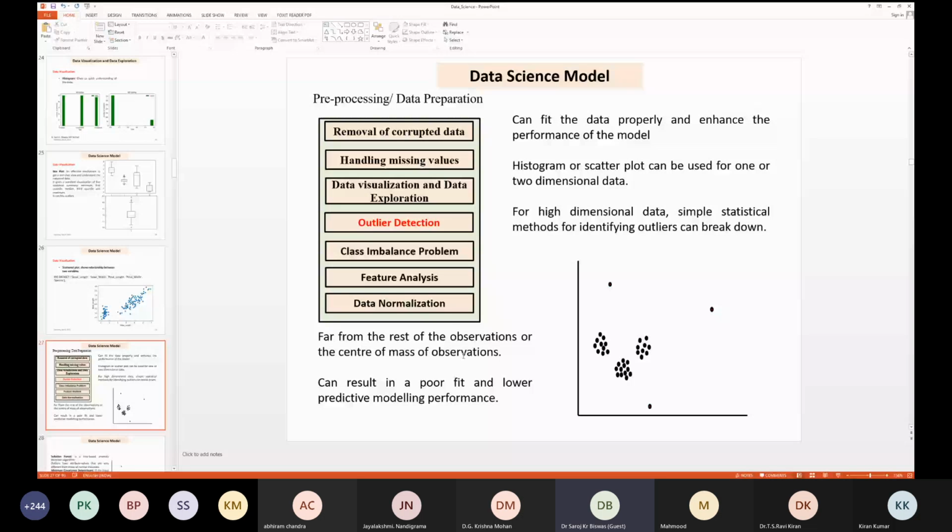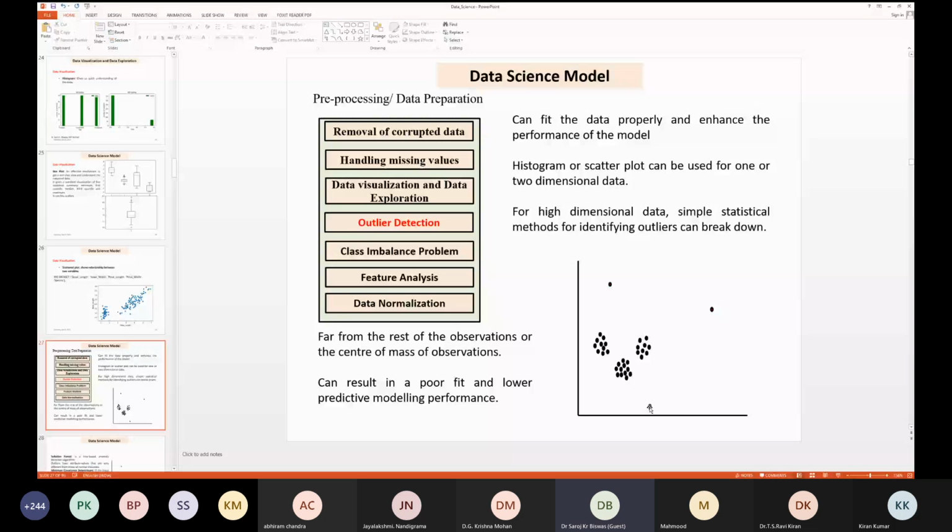All those patterns are very close and look very normal. But this data is very far from these, and also from the center of the mass. Similarly for this, and this. If we have this kind of data, then those data are treated as outliers.